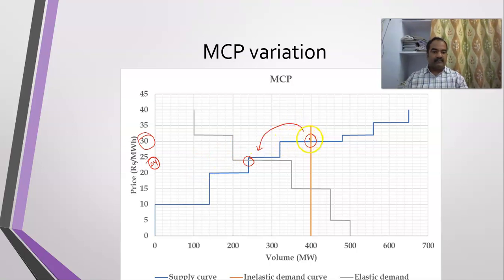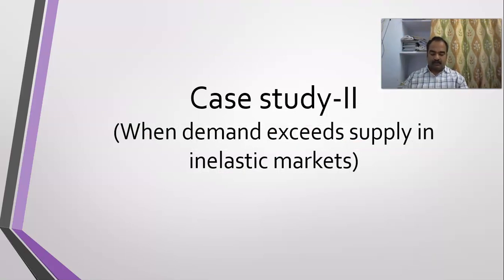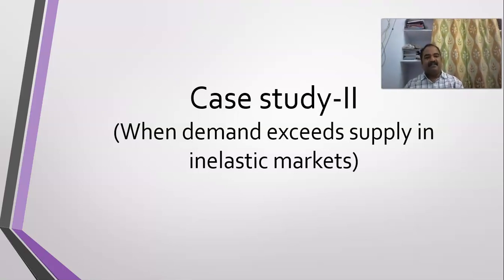If you adjust demand based upon the prices, which means if you provide an elastic demand, then automatically MCP will be reduced. It's not just that MCP will be reduced, but this indicates a very stiff, a very competitive market.